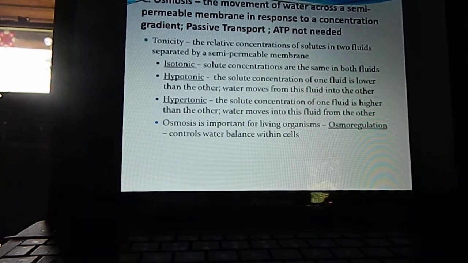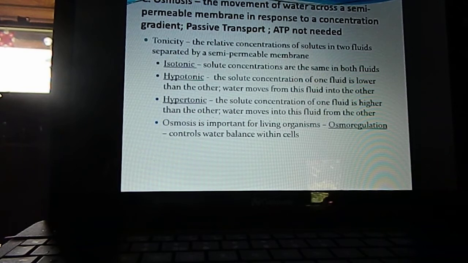But if there's a differing amount of concentration of salt in the red blood cell than in the plasma, then water is going to move in a direction to help dilute the water to where it's equal to the amount of water inside the red blood cell.